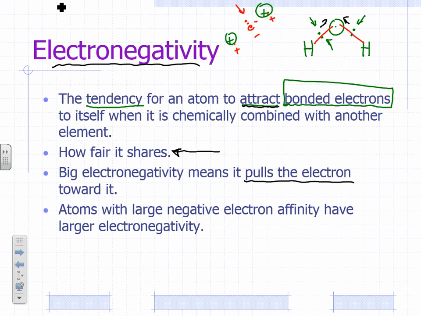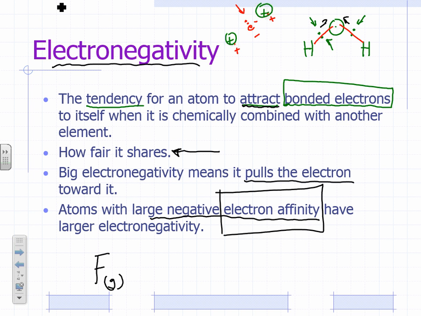And then atoms that have large negative electron affinities are usually those that end up having large electronegativities. Electron affinity was a term that was first introduced in atomic structure. We didn't spend a lot of time looking at electron affinity, but we said that it's the exact opposite of ionization energy.